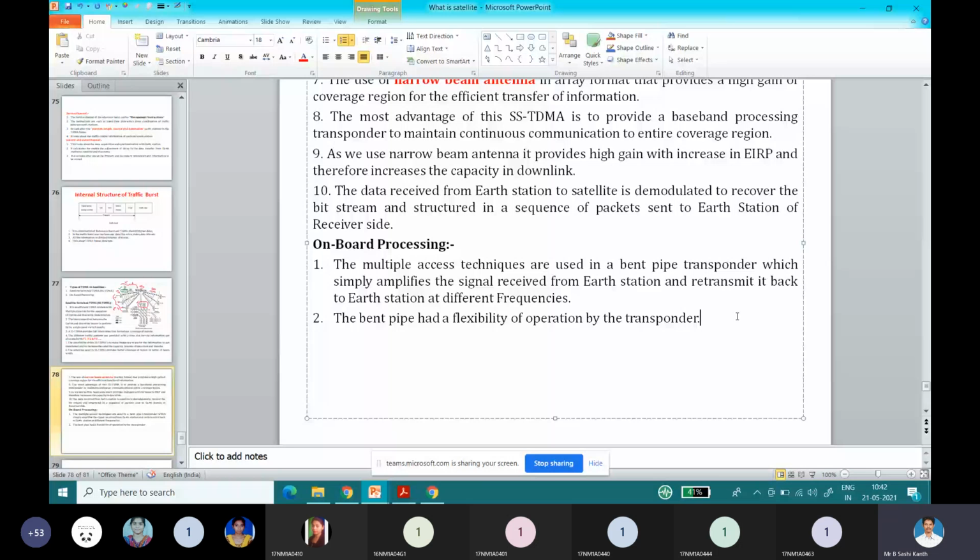The combination of signals are obtained within the bandwidth allocated. Okay, so this is the thing what is happening here, which makes you to understand.